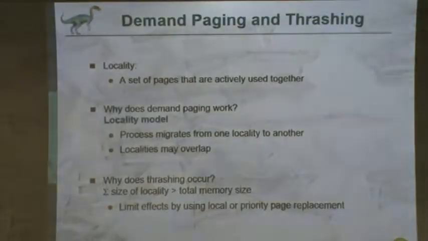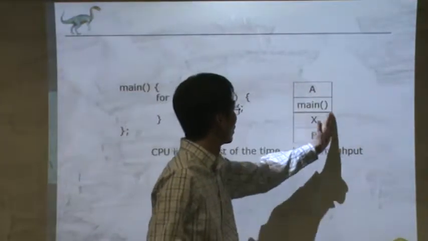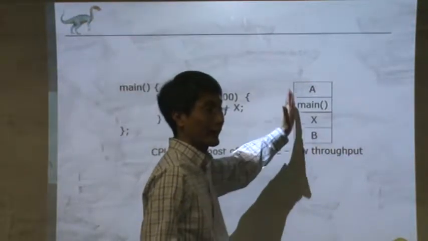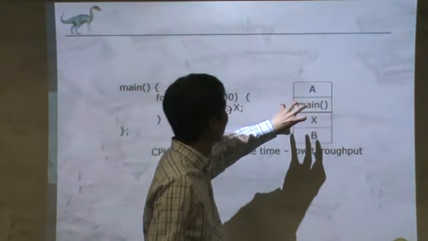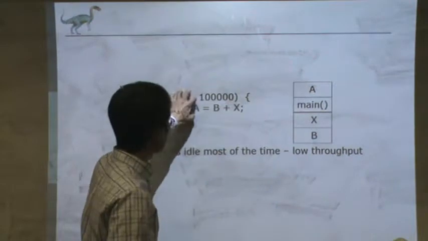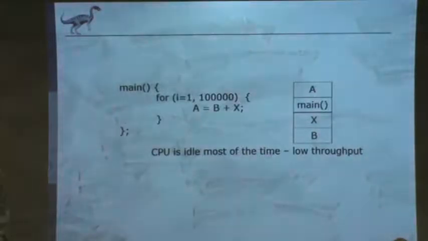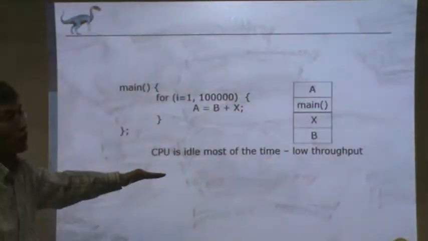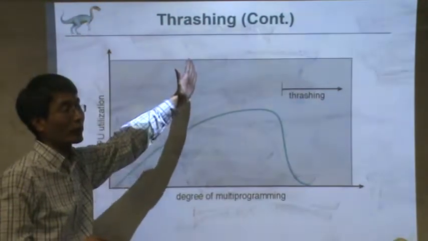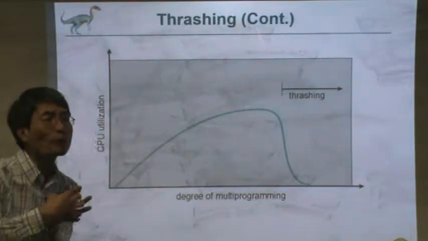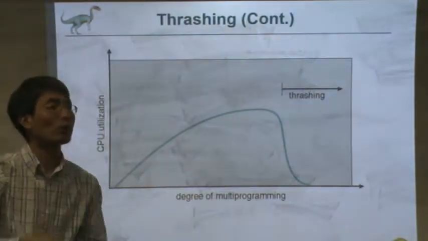Every page, whenever you access the data, there is a page fault, right? So a huge number of page faults means the CPU cannot do anything. That situation is called thrashing. So how can we avoid such thrashing? Why don't we make a group of the page instructions, then load them together, which is called locality.